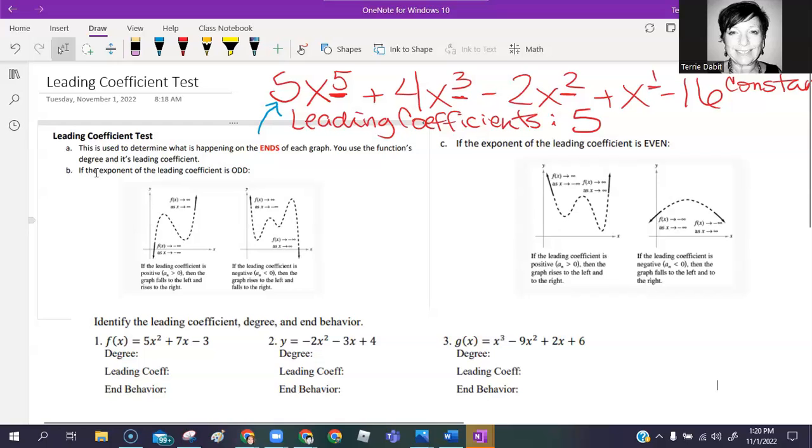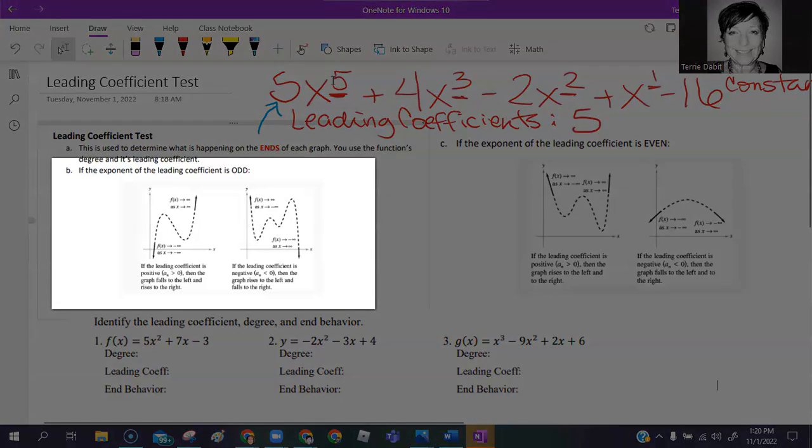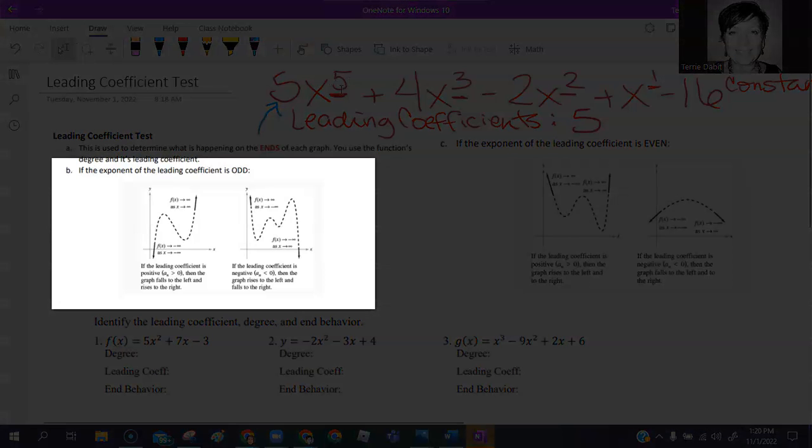Okay, all we're doing is using this to see what is happening on the end behaviors. If the exponent of the leading term is odd, so we look at the exponent, this exponent is 5. If the leading coefficient is positive, which it is, it's 5, then the graph is going to fall to the left and rise to the right.